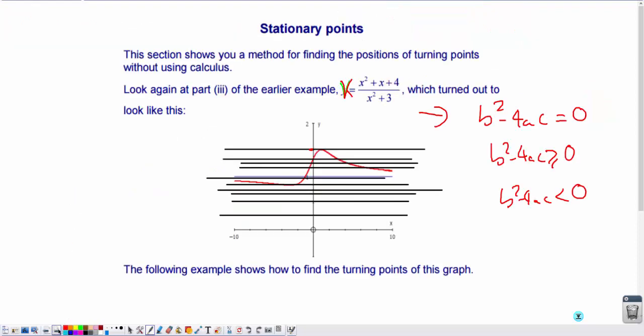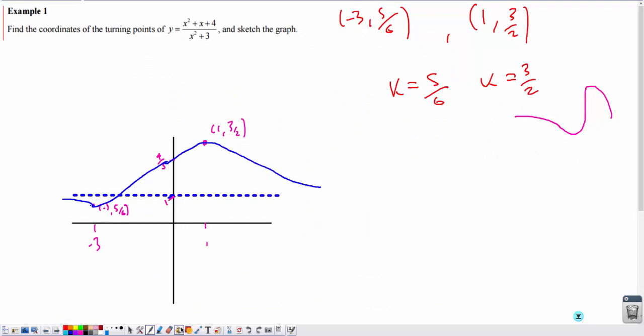Now, as an aside, imagine they didn't ask for the coordinates of the turning points. Imagine they gave you that graph and asked you to find the range. How do we do this? Range means what are my y values. Looking at the graph, that's my maximum value of y and that's my minimum value of y.